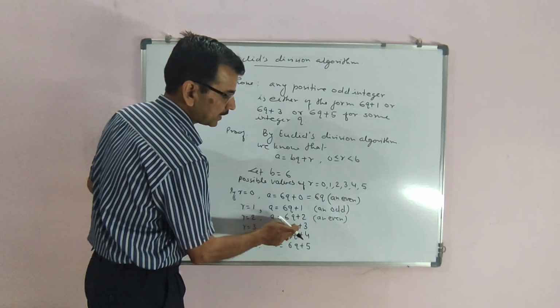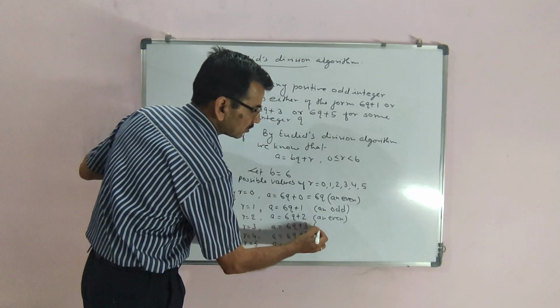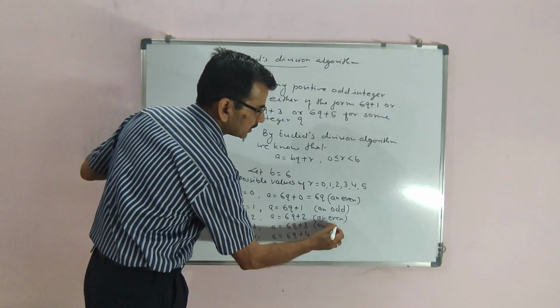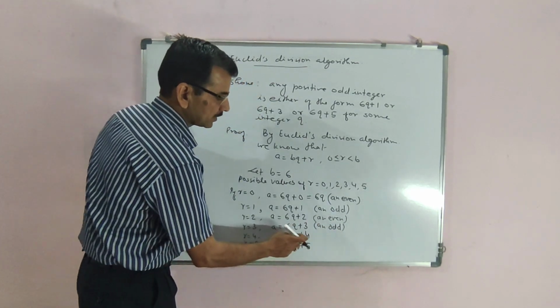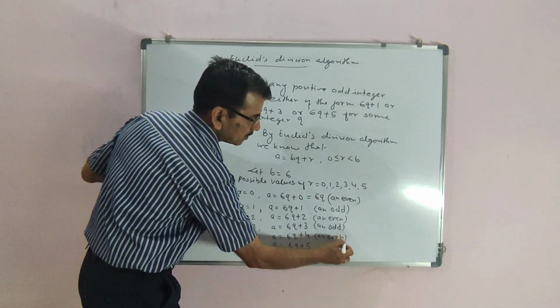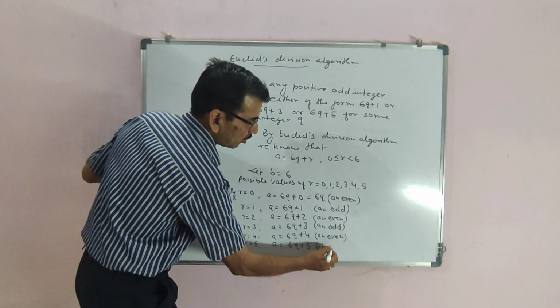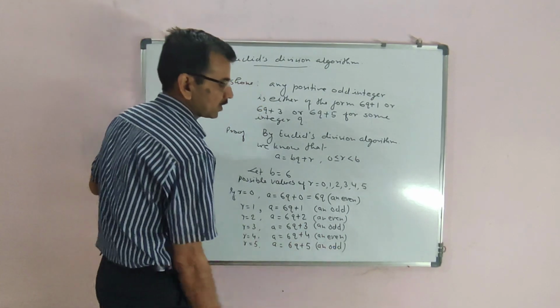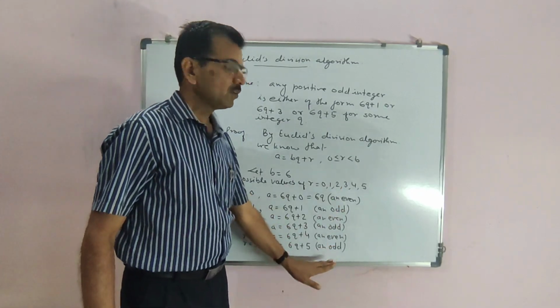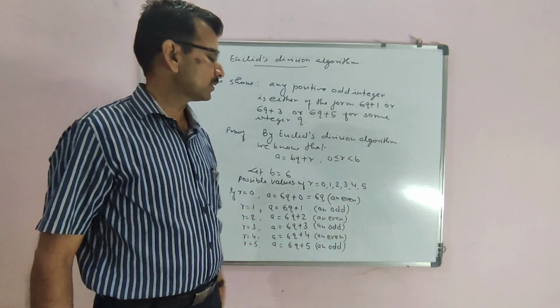Then even integer plus 3. 3 is odd, we know that, so the result will be an odd integer. Very good. Then again an even integer, and the last one gives an odd integer. So we have concluded what type of integer we are getting.